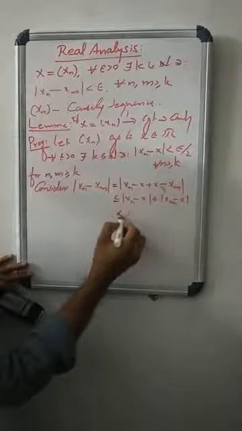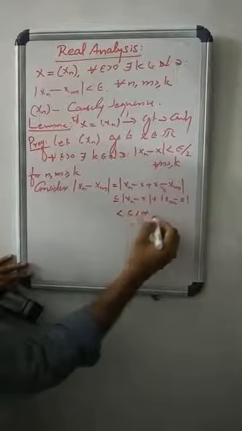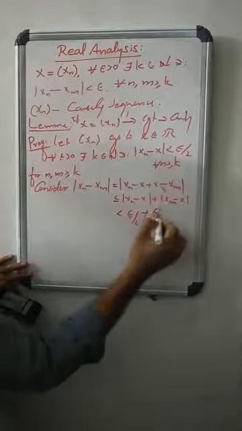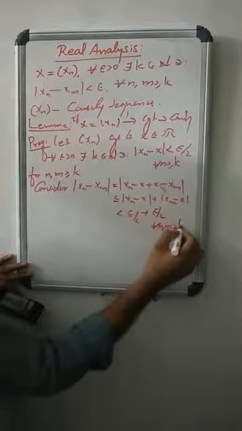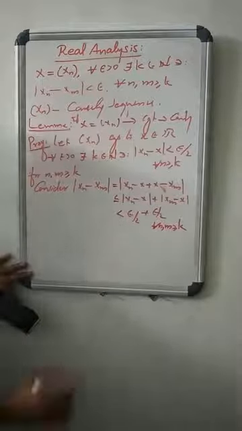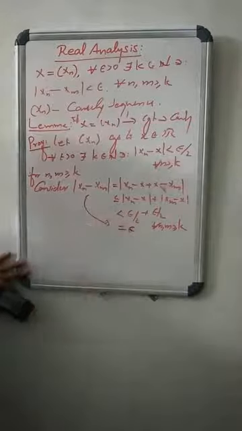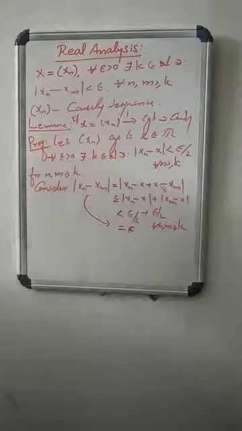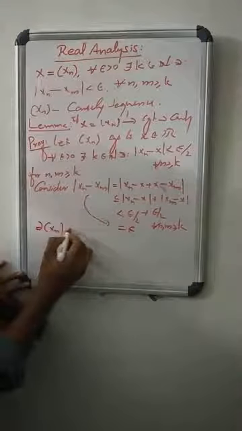Modulus of xn minus x is strictly less than epsilon by 2 for all n greater than or equal to k, and likewise modulus of xm minus x is less than epsilon by 2 for all m greater than or equal to k. So modulus of xn minus xm is strictly less than epsilon for all n, m greater than or equal to k. That means the sequence xn is Cauchy.